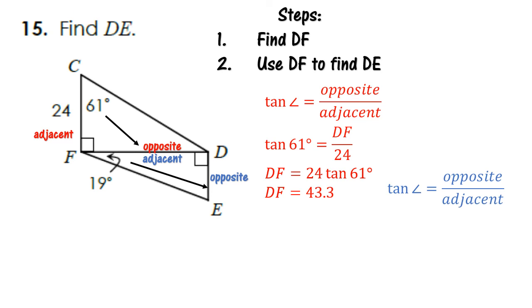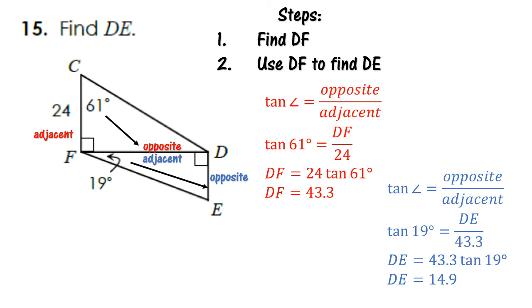So tangent of the angle is opposite divided by adjacent, or the tangent of 19 degrees is equal to DE divided by 43.3. So DE is equal to 43.3 times the tangent of 19 degrees. And if I plug that straight into my calculator, I get that DE is equal to 14.9.